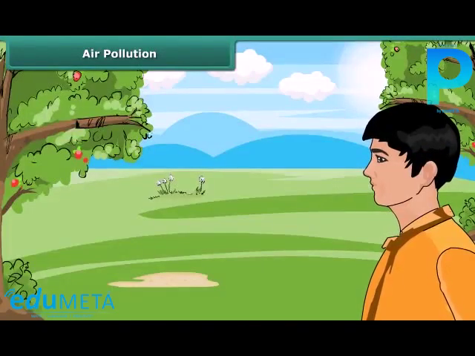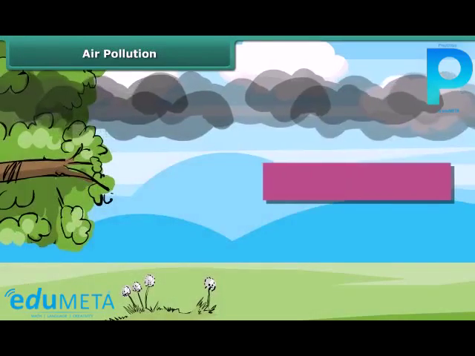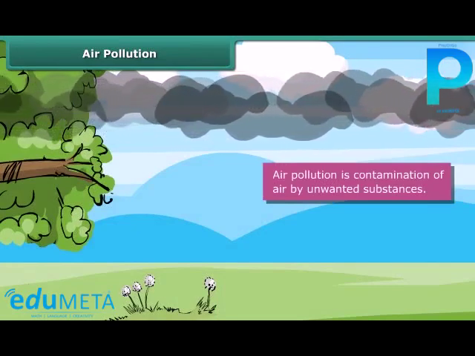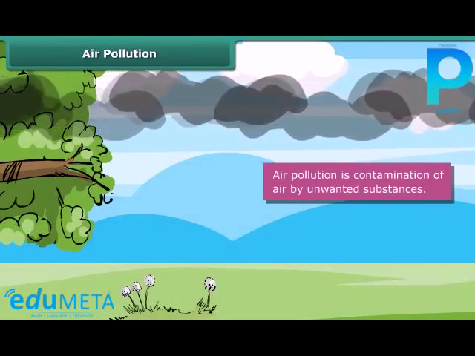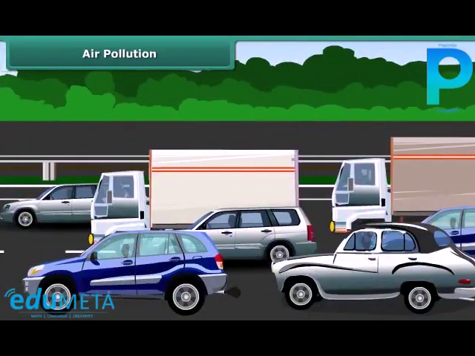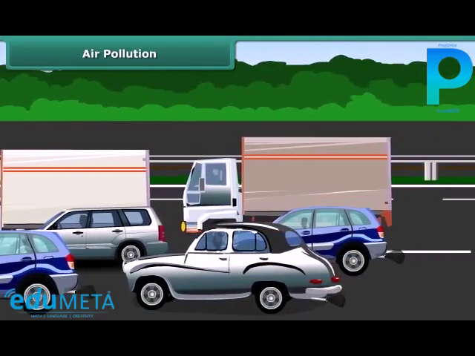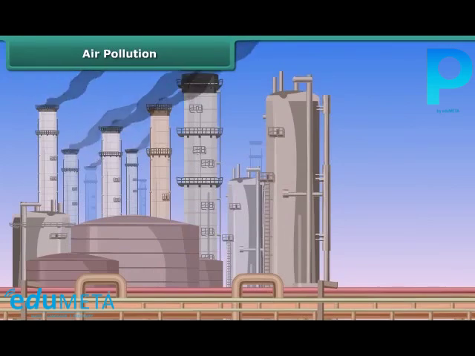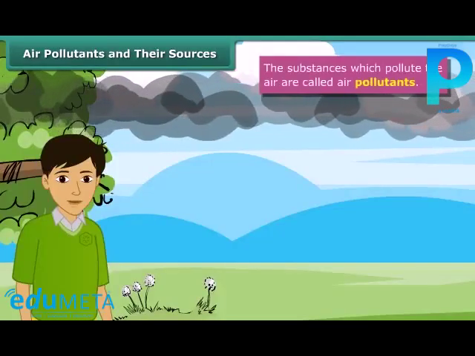Air is necessary for our lives, but air is getting polluted day by day due to presence of unwanted substances in it. Now you would like to know from where these substances come. These are released when fuels burn in vehicles or factories and power plants produce them as gaseous wastes. Which substances pollute air?